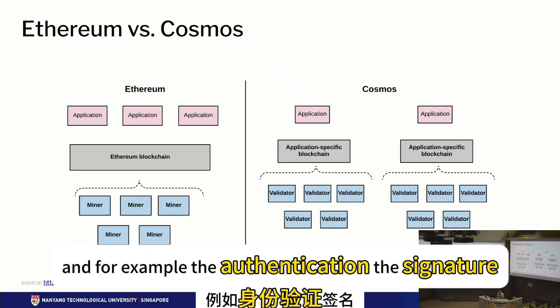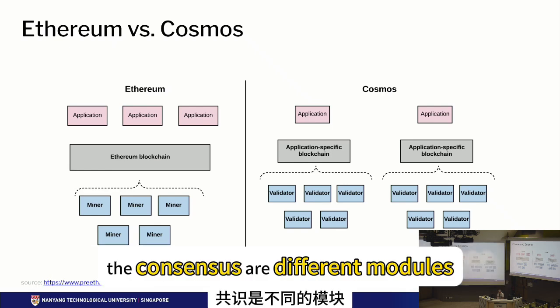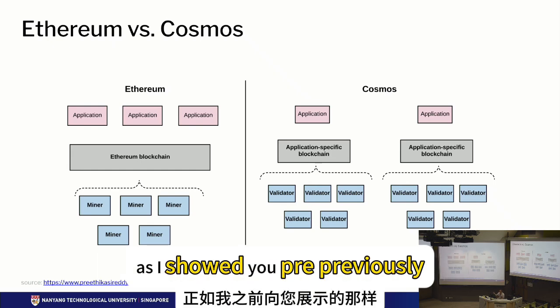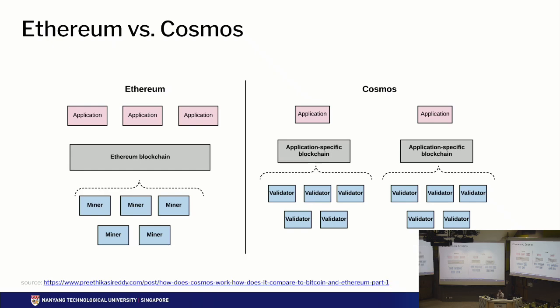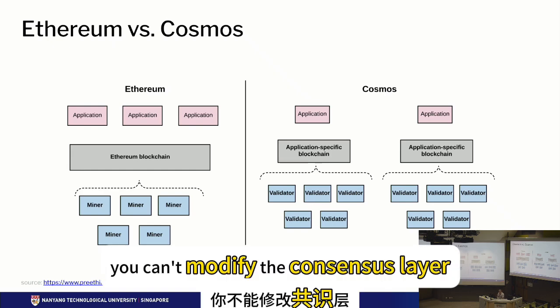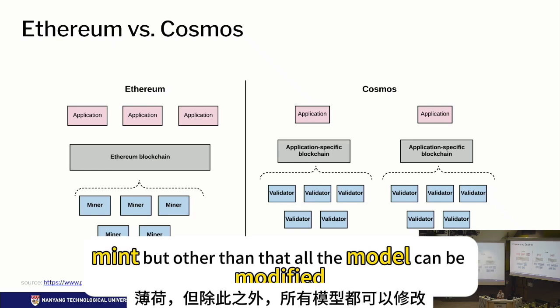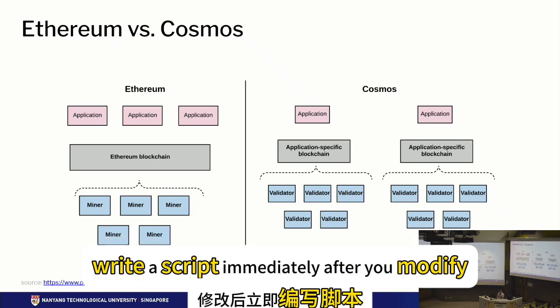For example, authentication, signature, and consensus are different modules. The only drawback for Cosmos is, as I showed you previously, you can't modify the consensus layer because they fixed it to be Tendermint. But other than that, all the modules can be modified. I can run a script immediately after you modify.